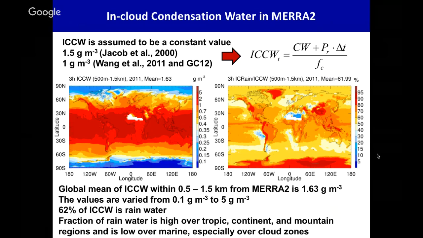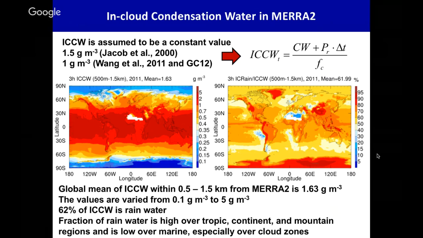you will find that these values also change with time. Looking at the right picture, you will find that about 60% of in-cloud water will finally be converted to rainwater in MERRA-2. And it has a significant non-uniform distribution. In the tropical regions, the continental regions, and the mountains, you will find that the fraction of rainwater is pretty high.